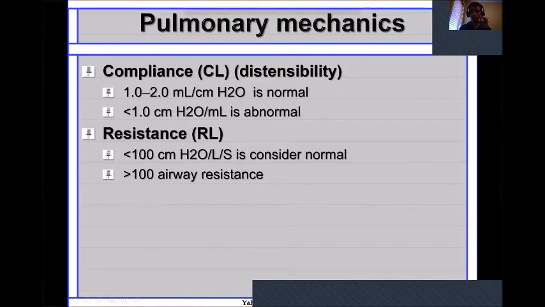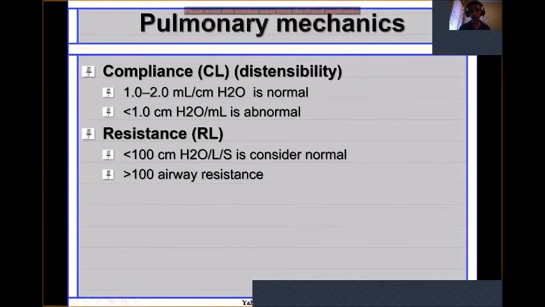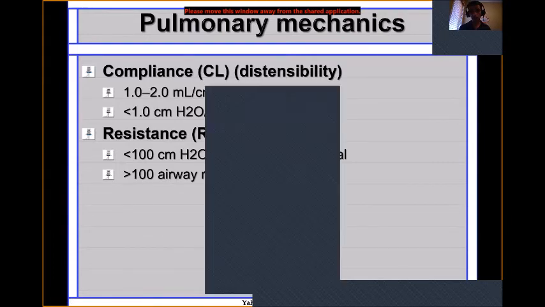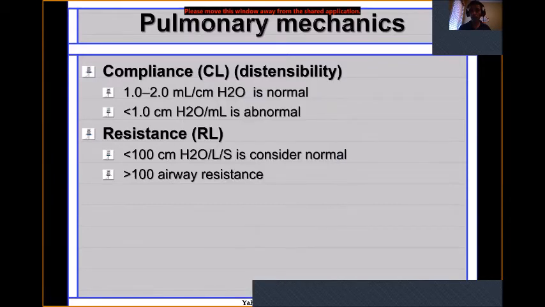Now, the pulmonary mechanics: we're talking about compliance and resistance. Remember, resistance is airway. Compliance is alveoli. Compliance is pressure and volume. Resistance is pressure and flow.